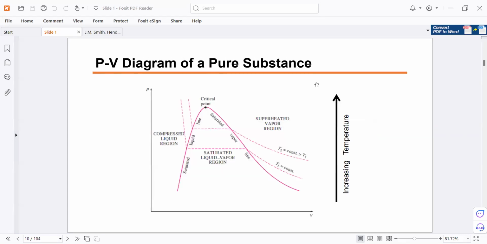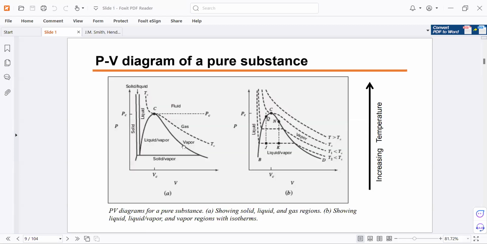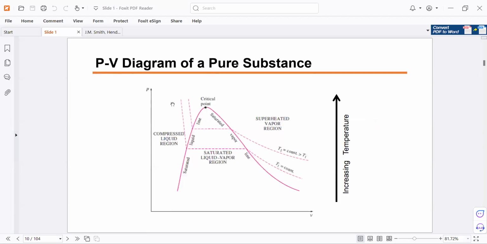One thing that we also observed from the PV diagram is that there's no temperature axis in this diagram. We have P and V on the axes, but we can represent the temperature as isotherms on the diagram.